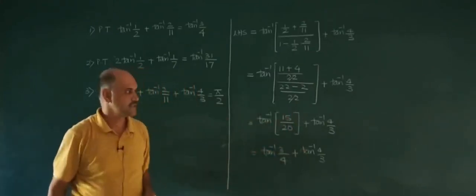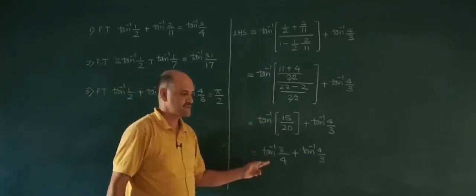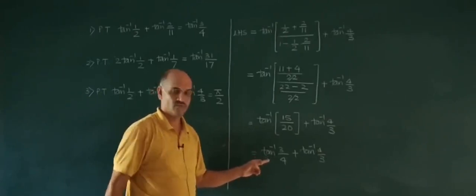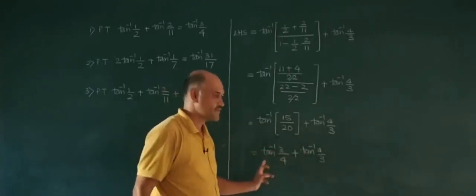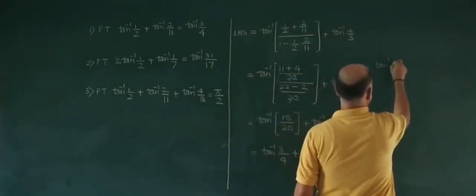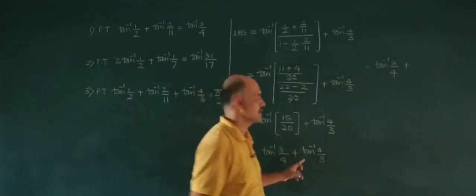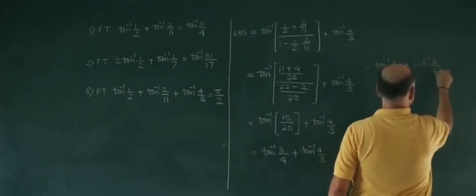This is one method. The easy method is, we have seen in previous videos that cot inverse x is tan inverse 1 by x. So if you take the reciprocal it becomes cot inverse. So I will write it as tan inverse 3 by 4 plus, instead of writing tan inverse, I will write it as cot inverse 3 by 4.